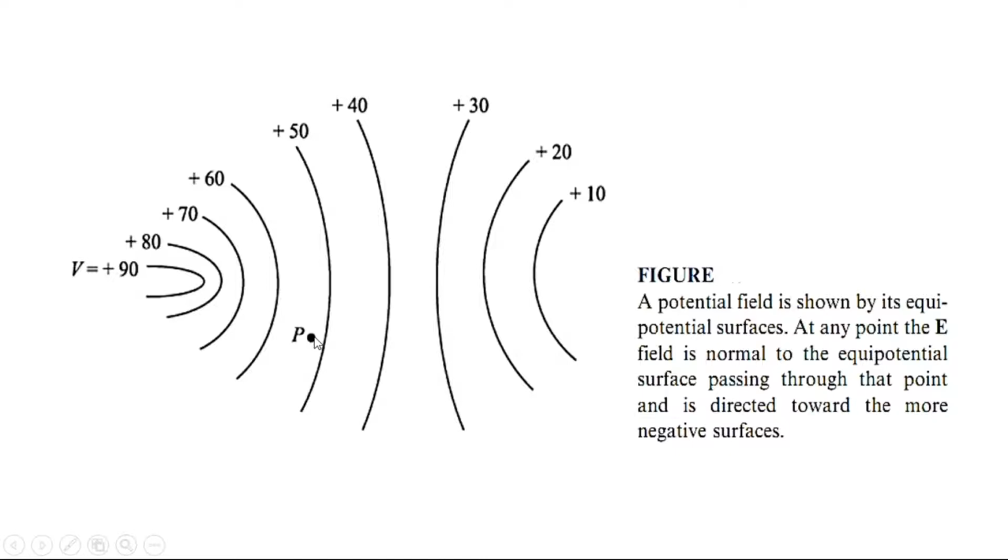If we consider this point, as we know that it is in between plus 50 and plus 60, let's suppose the potential at this point is 52. So if we place del L along this direction, the potential is changing from plus 52 to plus 60. Similarly, if we place del L along this direction, it is decreasing.